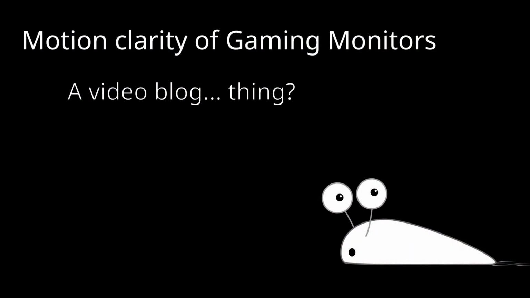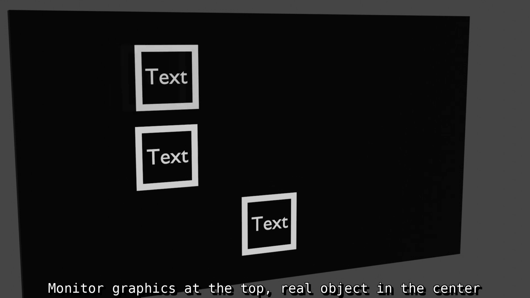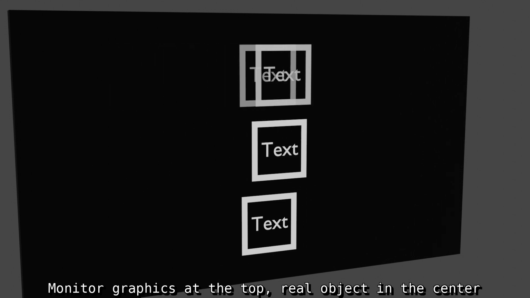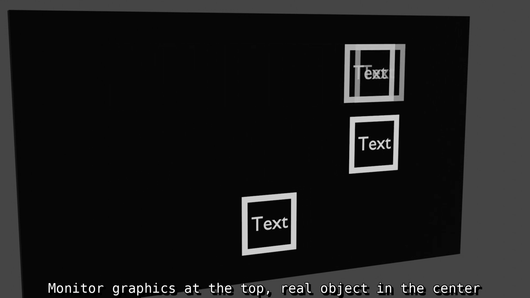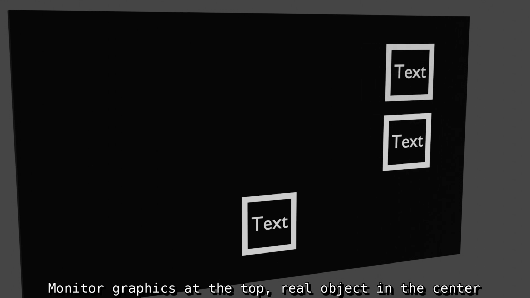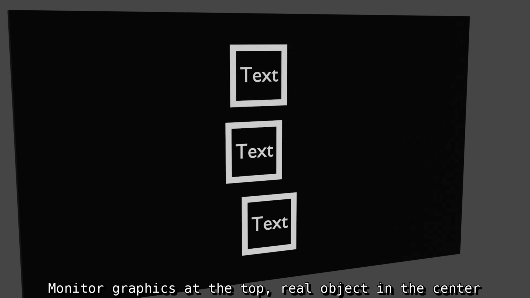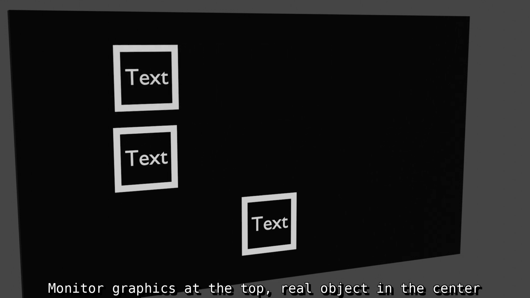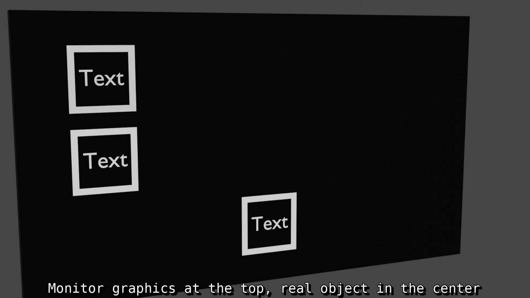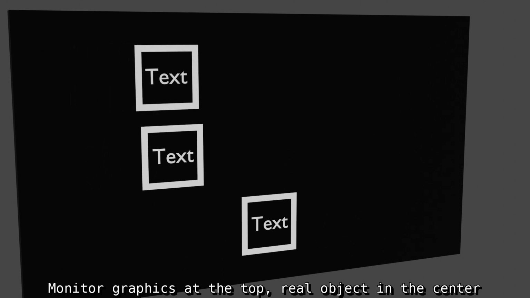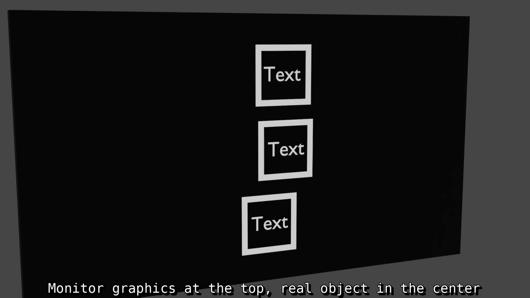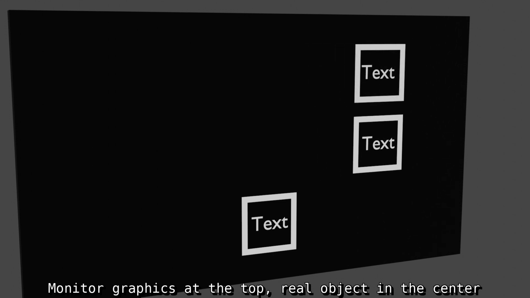Now, let us replace the black rectangle with a computer monitor, and the moving text will be replaced by pixels at the top, while in the center it's still a real-life object. Does this change anything? Well, yes, actually. Consider this. Before, the moving text was part of our real world. It moved continuously and steadily from the left to the right and back.